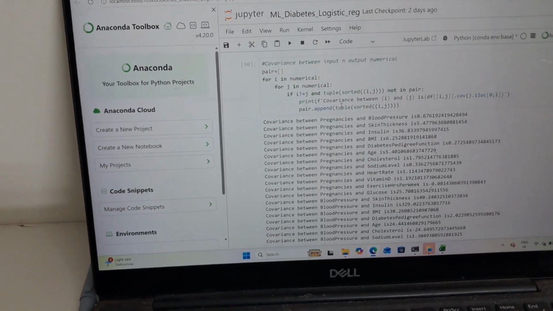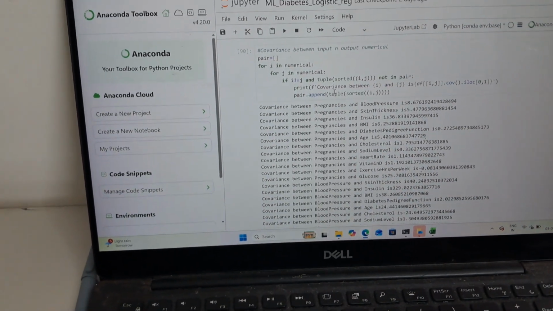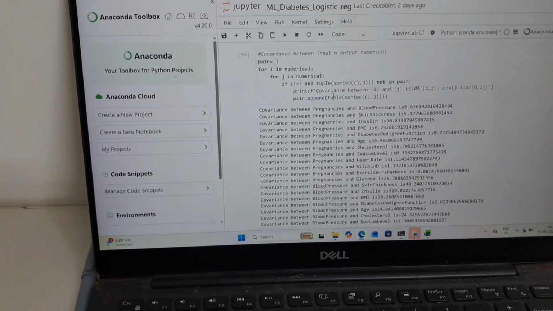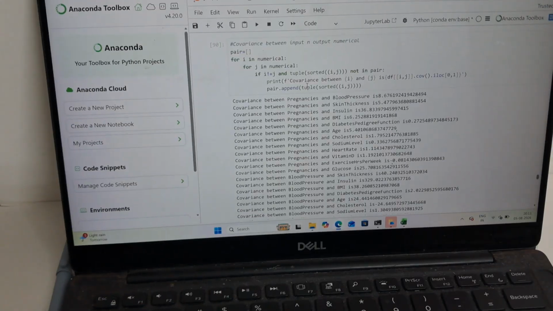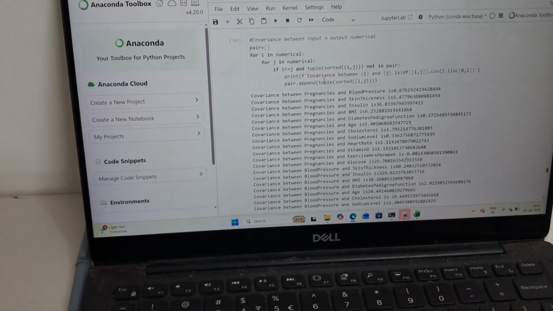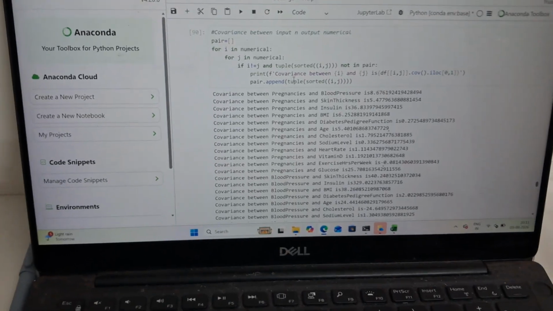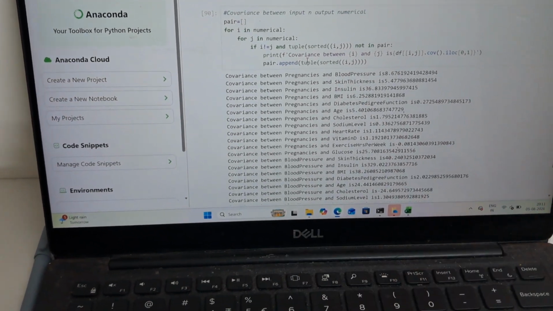It is incorrect. So forget about these big numbers, only consider the sign. In covariance, if there is a plus sign, it is directly proportional. If it is a minus sign, inversely proportional. Inversely proportional means if one input variable increases, the other input column decreases. That's all. So forget about these numbers, consider only plus and minus sign in covariance.